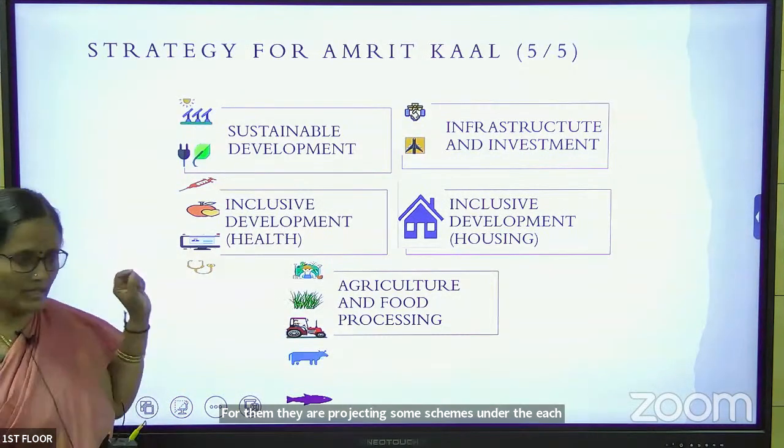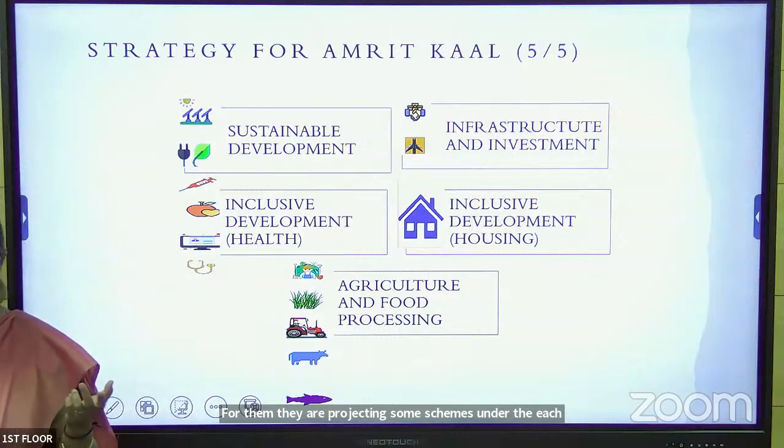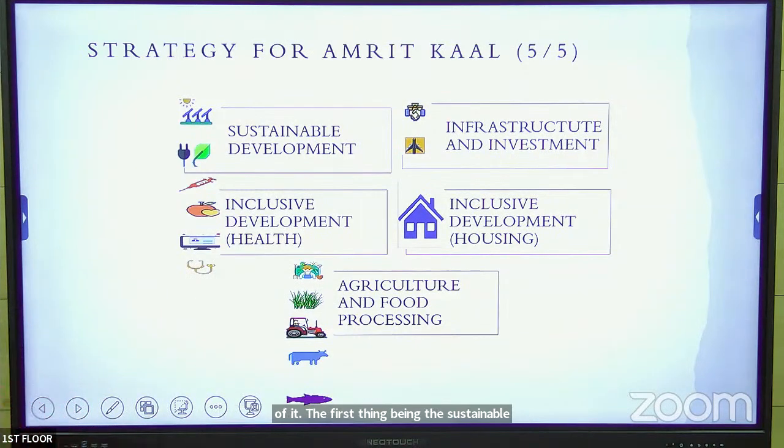The first thing is sustainable development. We know whenever we mention sustainable development, we have to talk about e-resources. We should be getting away from the fossil fuels. We should move towards renewable energy sources. So they are saying by 2070 we should become a zero emission country.